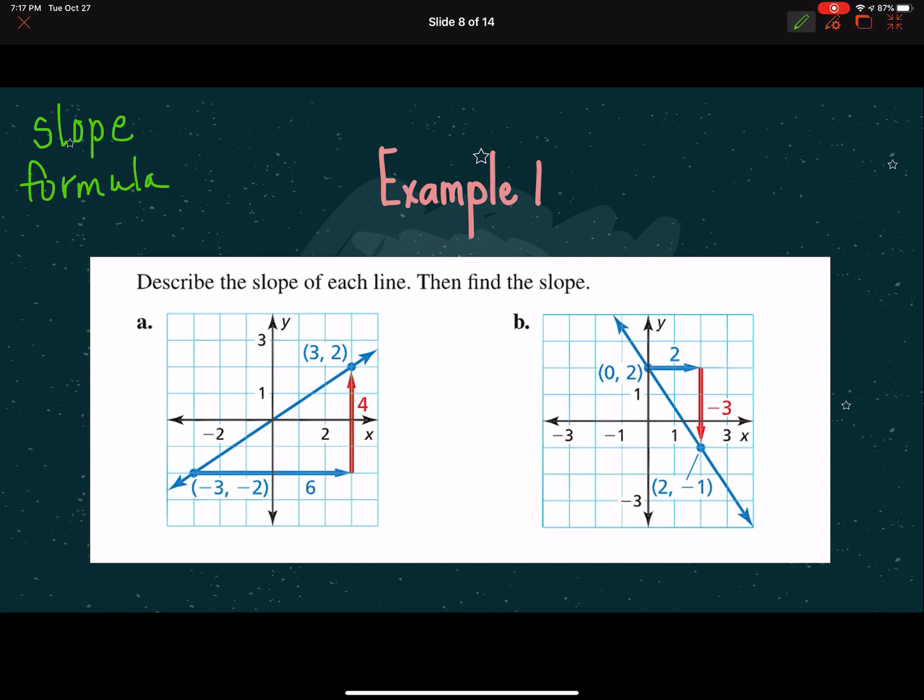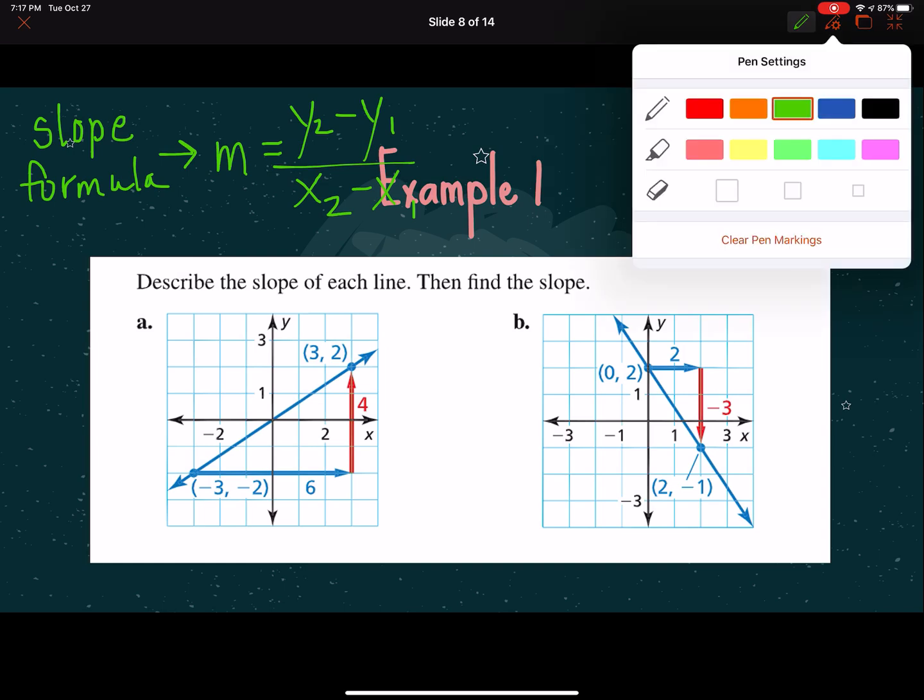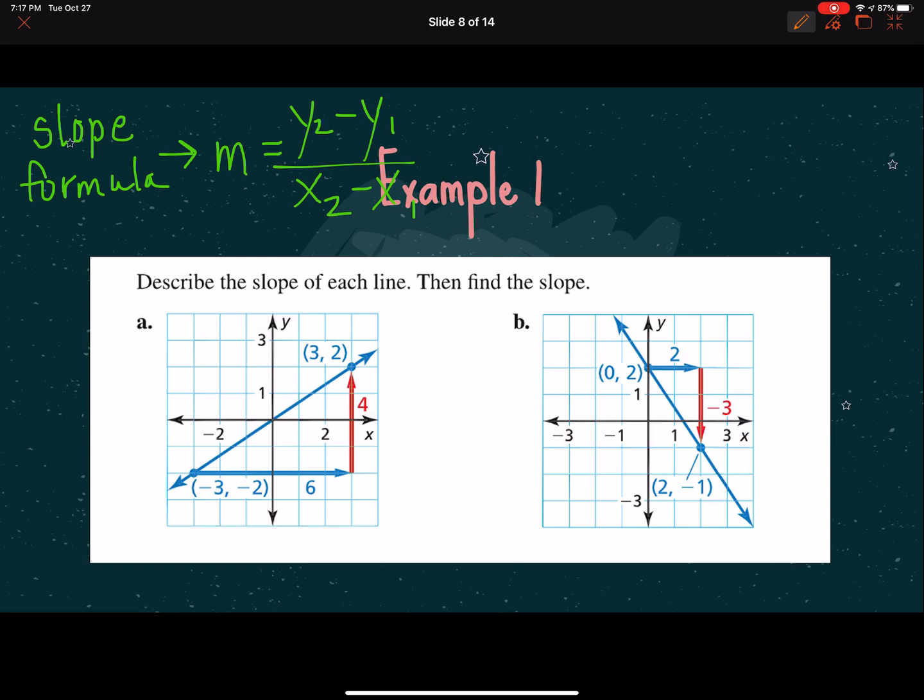You're going to use it repeatedly. So m equals the change in y over the change in x. So if I have 2 ordered pairs, then I can label those ordered pairs and substitute them into the slope formula.